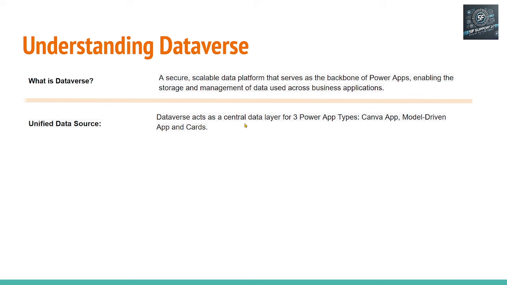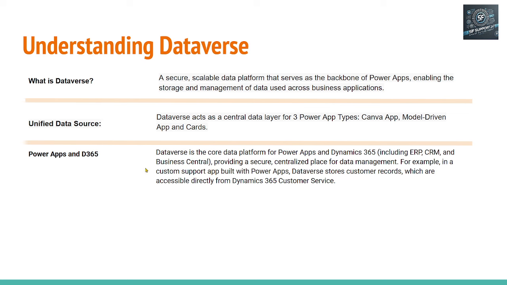Because it acts as a central data layer for three Power App types: Canvas app, model driven app, and cards. You can refer to one of my other videos for what these are. But for the context here, Dataverse is a core component or central layer for these very important Power Platform components, Power Apps and D365.